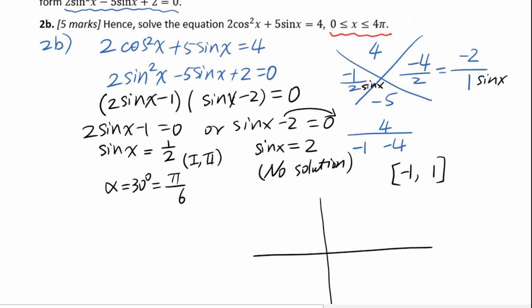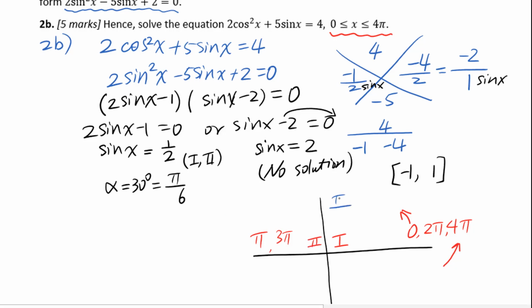Because the domain is between 0 and 4 pi, so you have 0, pi, 2 pi, 3 pi, and 4 pi. Get started from this 0, ending at 4 pi. The quadrants we are looking for are the first and second quadrant.